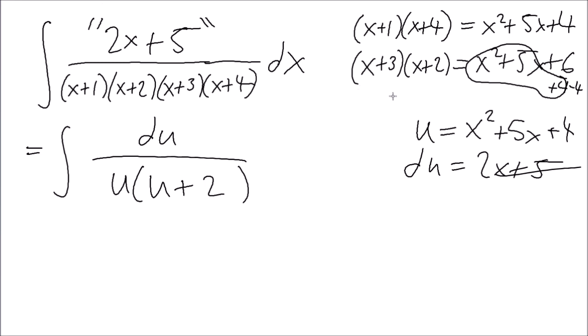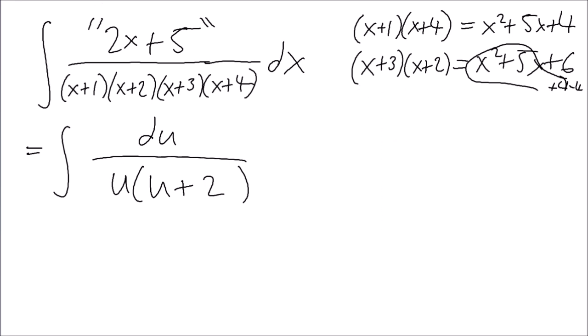Awesome. And then, I mean, you could do partial fractions here. You could do that. I'm going to do the advanced way. Well, this is u plus 2. I need this to be 2 plus u minus u, so that this cancels out, and for this one, this cancels out.